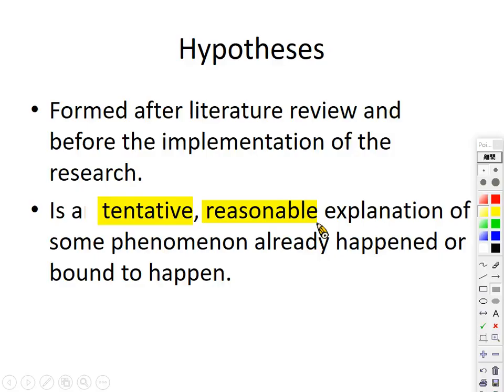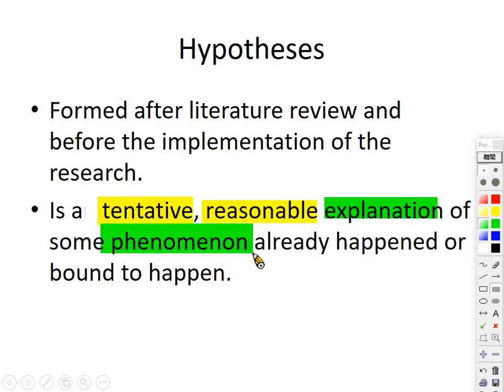And reasonable must be based on your experiences, your knowledge on this issue. So it is one of the explanation. Explanation for what? You see something, or you perceive something is going to happen.